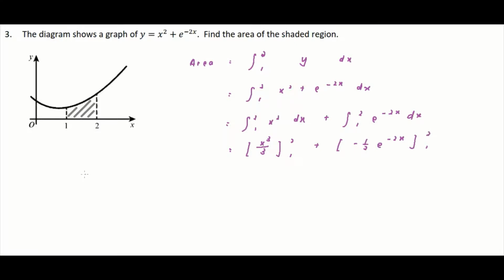Okay, so now we can start to substitute it. Sorry, this is not a good demonstration, but I just want to keep everything much more tidy. Okay, 2^3 over 3 minus 1^3 over 3. And then plus, you have substitute 2 first.